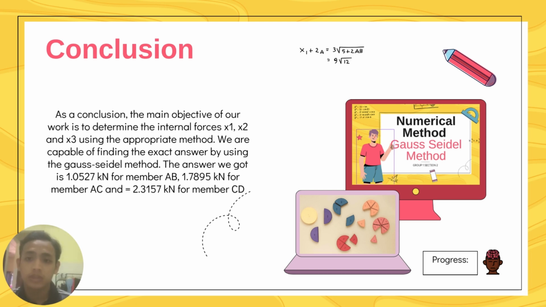The answer we got is 1.0527 kN for member AB, 1.7895 kN for member AC, and 2.3157 kN for member CB. This proves that we achieved our objective of finding the appropriate method to find the internal forces.